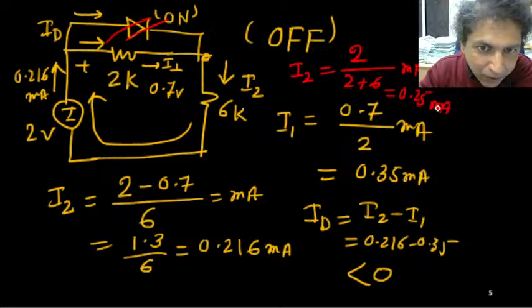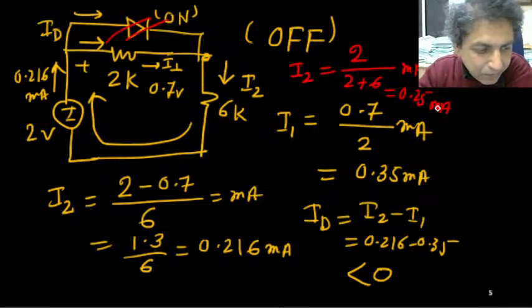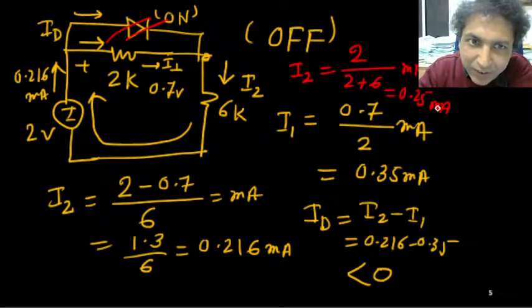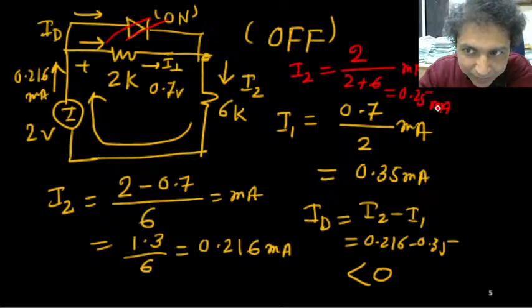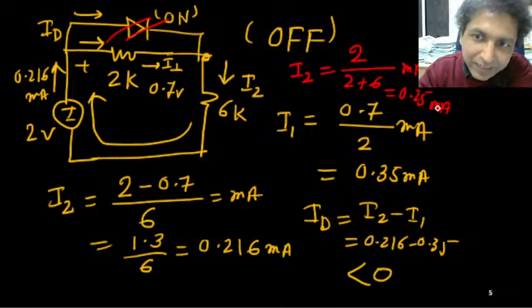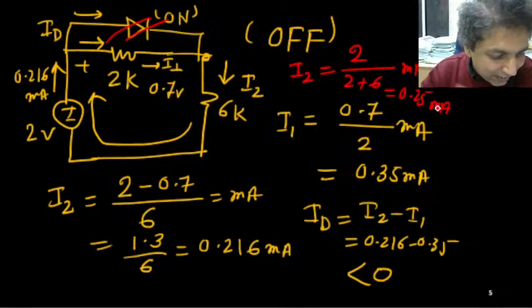Is it fine to everybody? Good. So it is 0.25 milliampere, not the 0.216 milliampere we got by considering it on. Actually it is off. Students will make a mistake here.